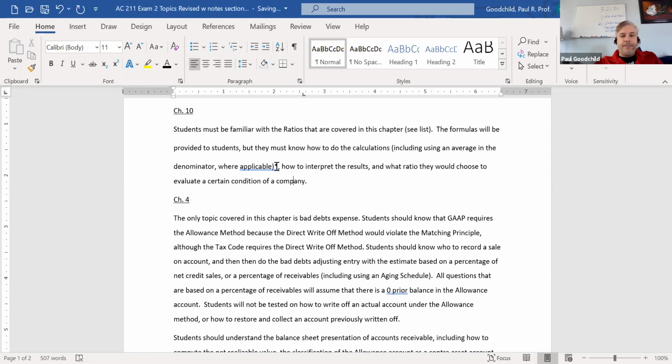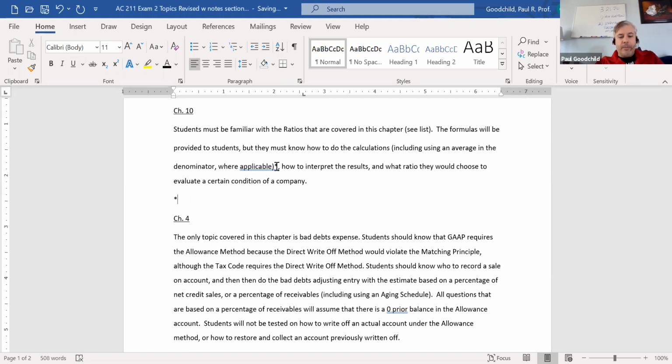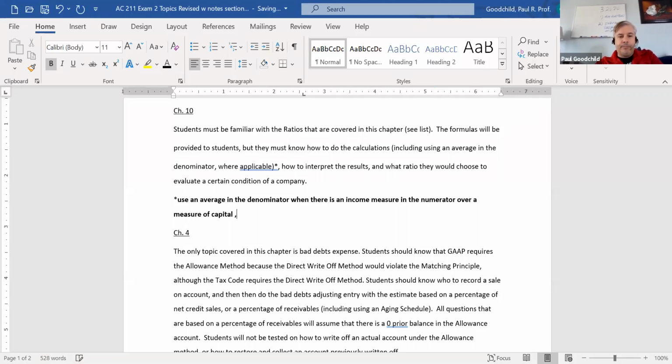So for here, remember you use an average in the denominator when there is an income measure in the numerator over a measure of capital, like average total assets, current assets, operating assets, or equity.